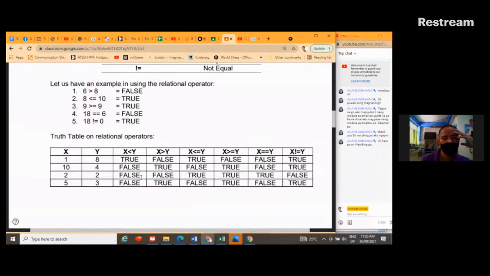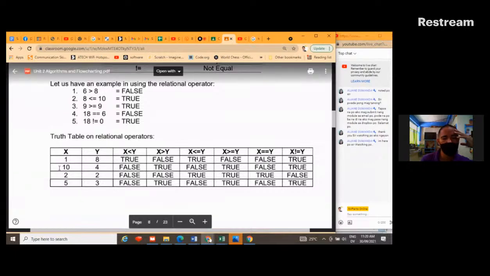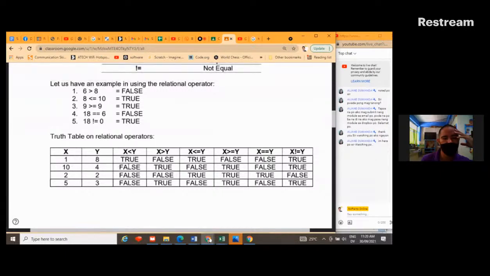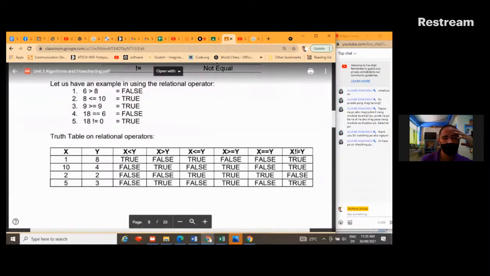Continue solving for another input combination, 10 and 4. 10 is less than 4, that's false. 10 is greater than 4, that's true. 10 is less than or equal to 4, it's false. 10 is greater than or equal to 4, that's true. 10 is equal to 4, that's false. 10 is not equal to 4, that is true.